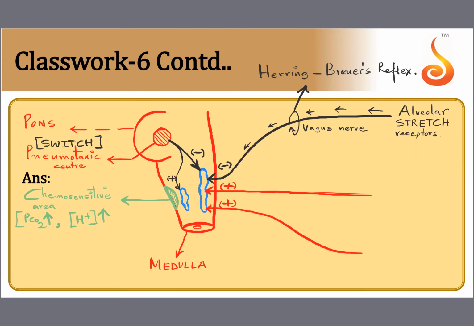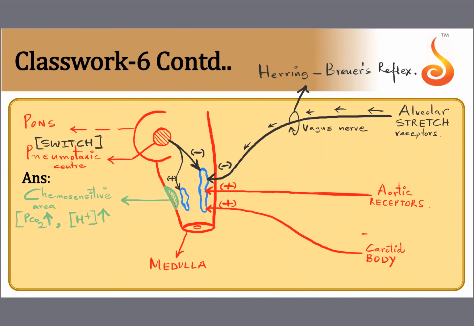So one of the nerves originates from receptors in your systemic aorta. They are called aortic receptors. And one of them originates from a group of receptors in your carotid artery. It is called carotid sinus. Sorry, carotid body it is called. This carotid body is present in your carotid artery.